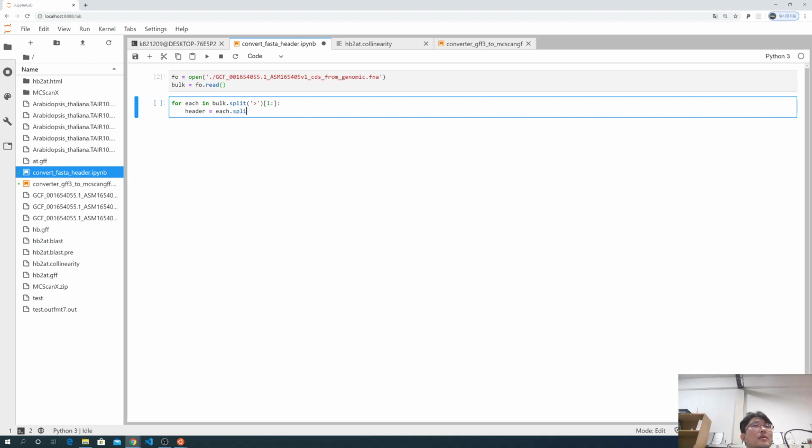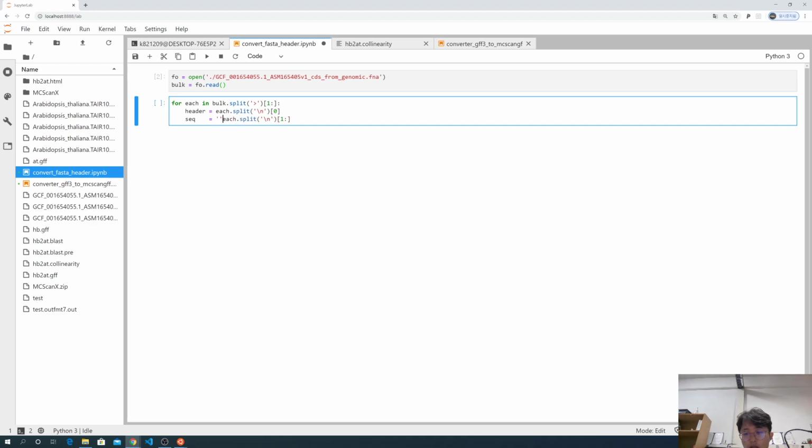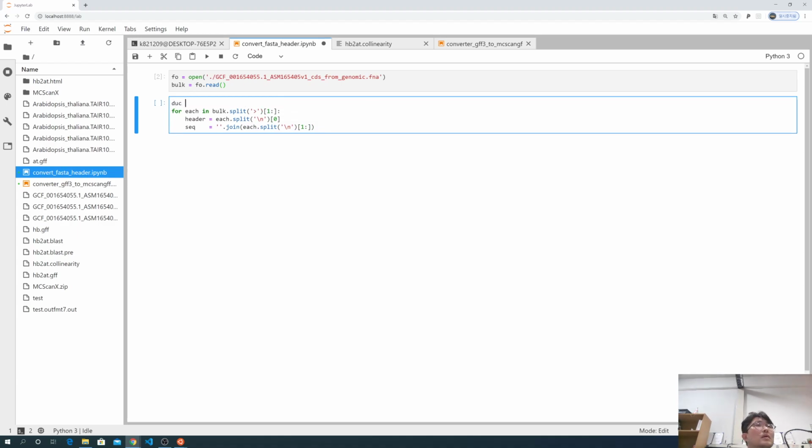Split, and sequence to the end and join. So this is how we parse the sequence data.